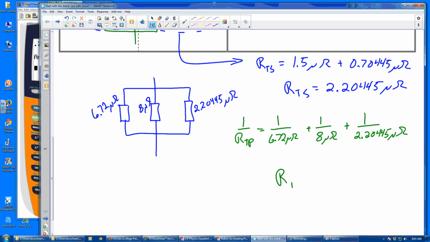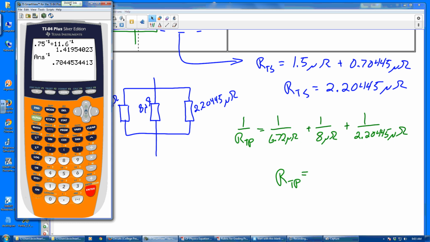I'm going to get RTP. Pull up my calculator. So, clear it off. 1 over 6.72 plus 1 over 8 plus 1 over 2.2044.